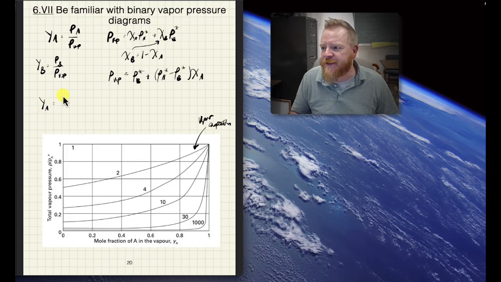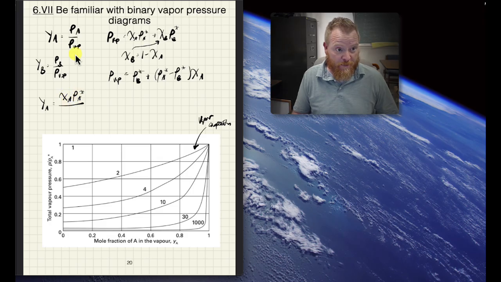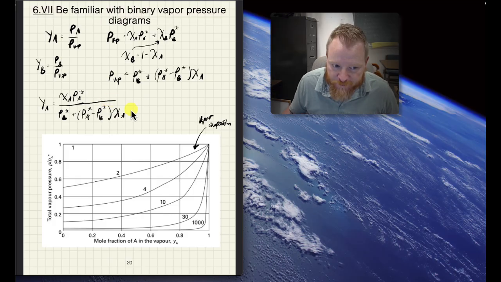That will go as chi A times PA star, all divided by P vap, the total vapor pressure, which is just PB star plus PA star minus PB star, all times the mole fraction of A in the liquid.